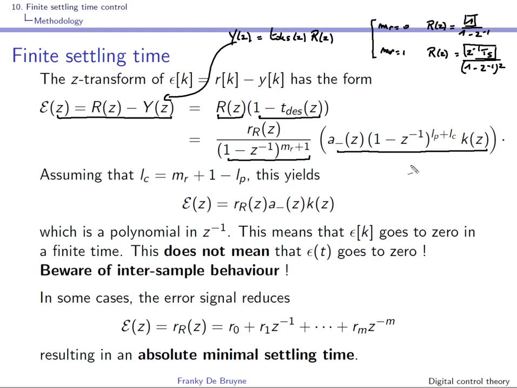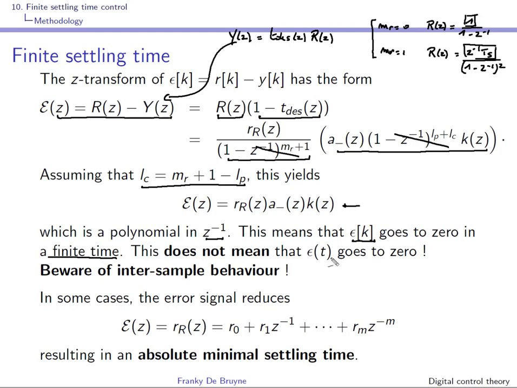We had seen that in order to be able to follow such a reference signal with a zero steady state error, we had to choose LC as follows, so that these two here cancel out. And you then obtain an epsilon Z that is polynomial in Z minus 1. This means that the error goes to 0 in a finite time, at least in discrete time.